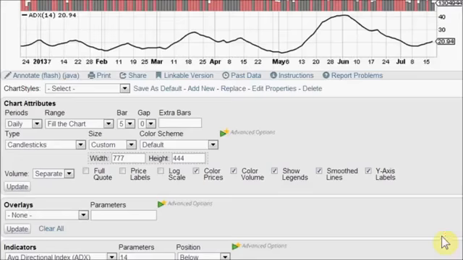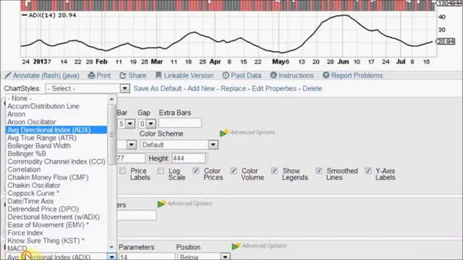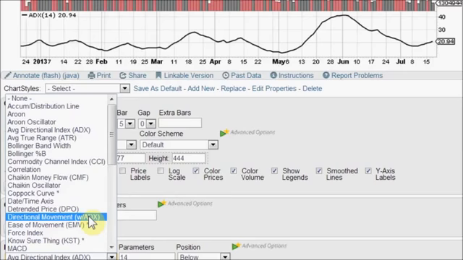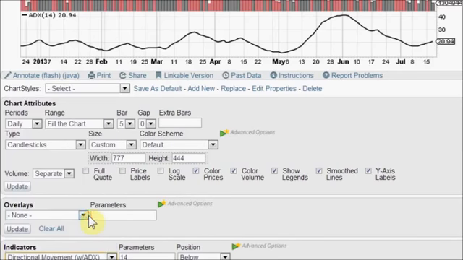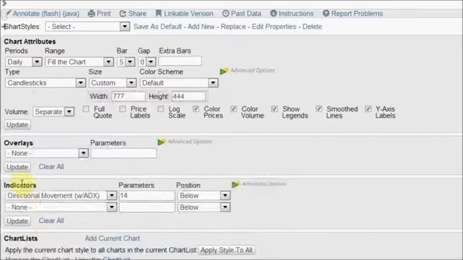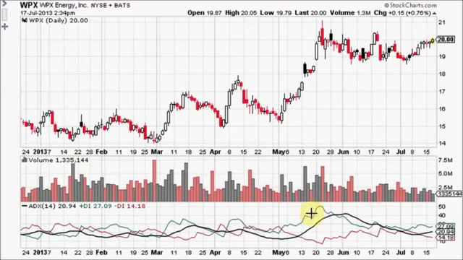But let's go back and load the full ADX here, which is called the W/ADX directional movement. This will include the green and red lines. The green line is the DI plus right here. The red line is the DI minus right there.